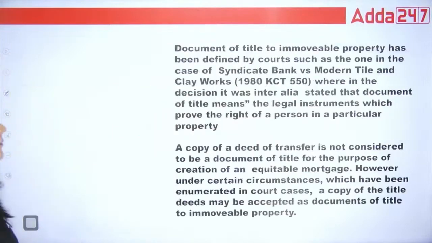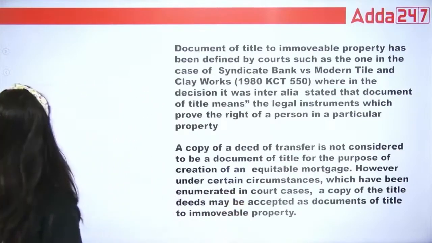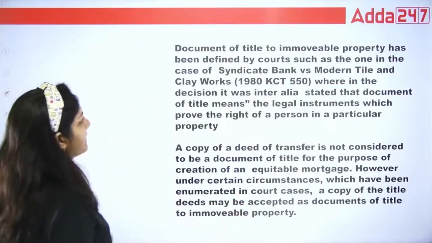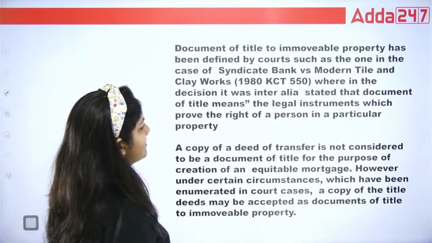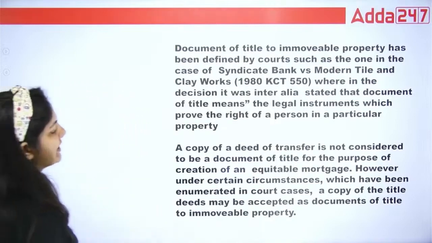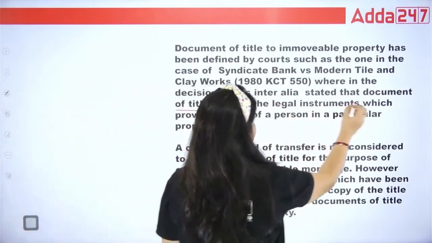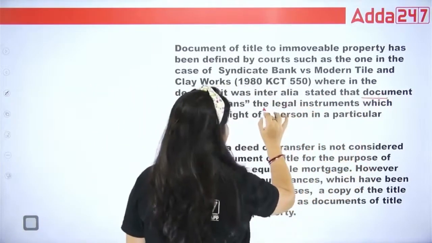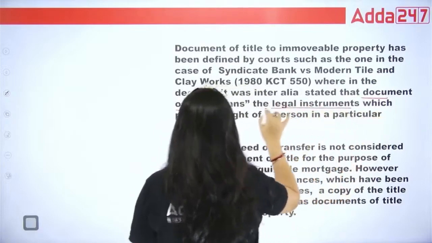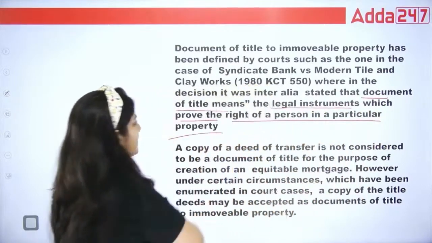Okay. Now, document of title to immovable property has been defined by the court in the case of Syndicate Bank versus Modern Tile and Clay Works, where the decision inter alia stated that a document of title means the legal instrument which proves the right of a person in a particular property.